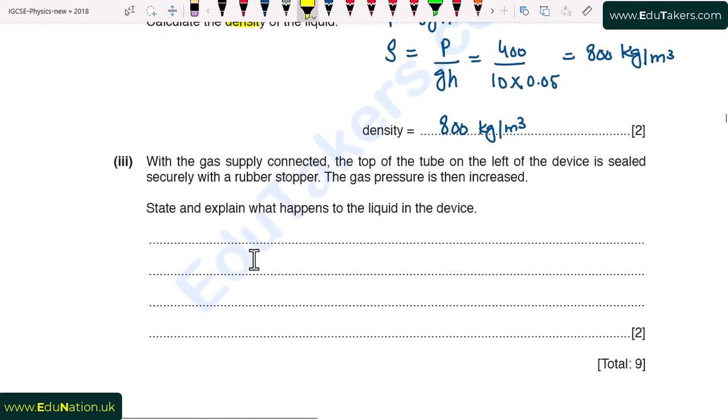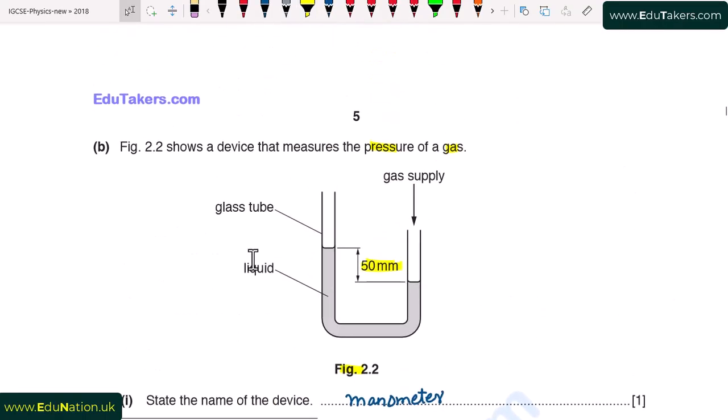Part 3. With the gas supply connected, the top of the tube on the left of the device is sealed securely with a rubber stopper. The gas pressure is then increased. State and explain what happened to the liquid in the device. So here the left end is sealed with the rubber stopper, and when we increase the gas pressure here, then what will happen?